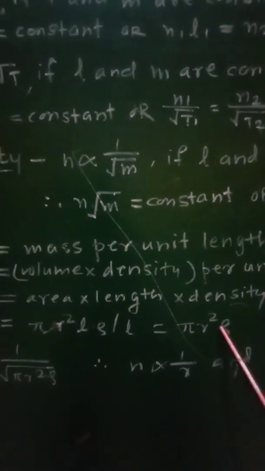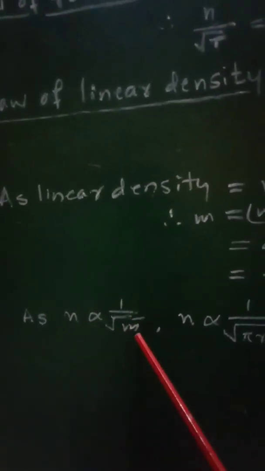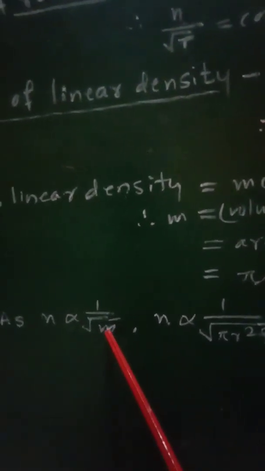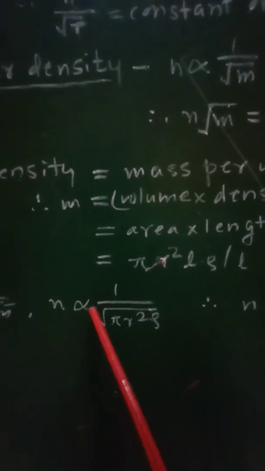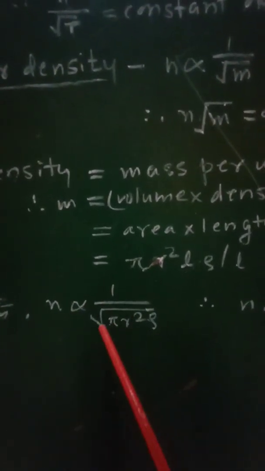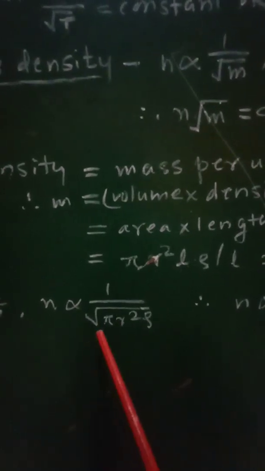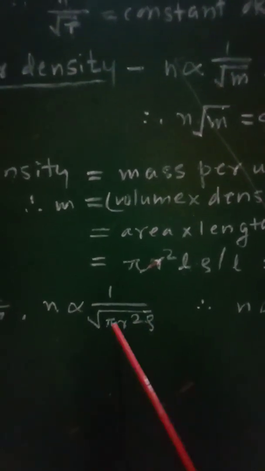So that will be the value of m, and we know that according to law of linear density, n is proportional to 1 upon root m. Now this value of m will be replaced by pi r square rho. So n proportional to 1 upon root of pi r square rho. Now pi will be constant.